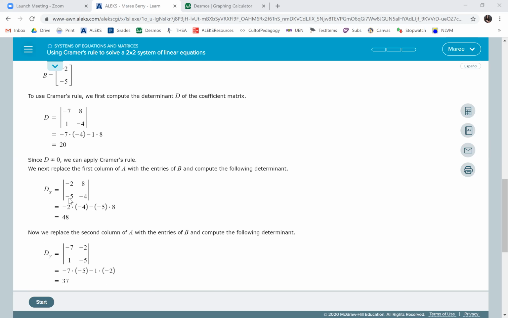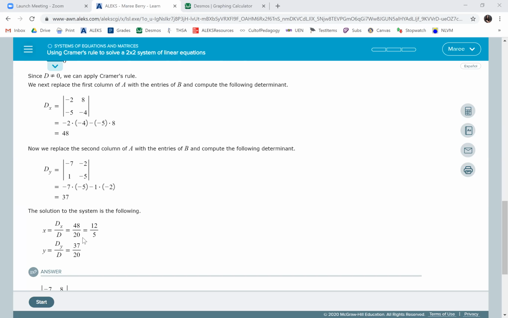To find x, we need to replace the x column with the -2, -5, and find the determinant. So we have -2 times -4 is 8, minus a -40. 8 minus a -40 is 8 plus 40, or 48. So the x value is 48 divided by 20, which when we reduce, we get 12/5.